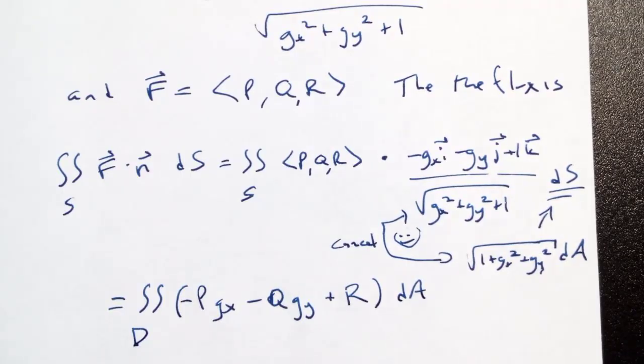Holy crap, wait a second. That looks familiar. Remember we did F dot dr and we had P dx and Q dy. Well, there's the dx and the dy part. Only I'm on this surface, not in the xy plane, so that bends because of the g.